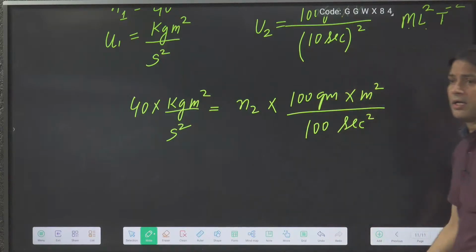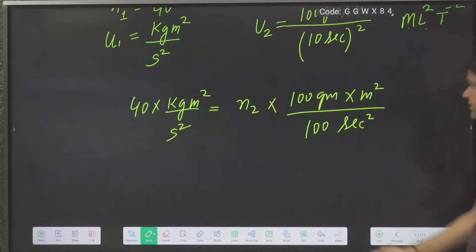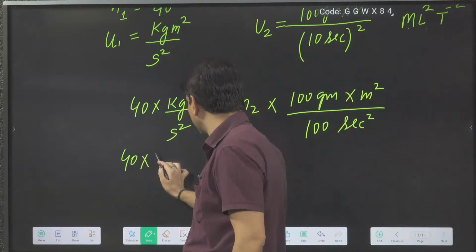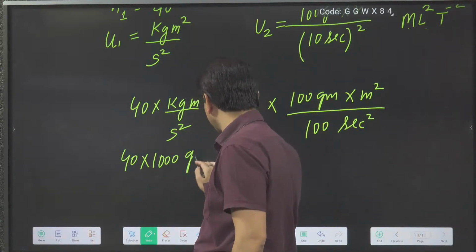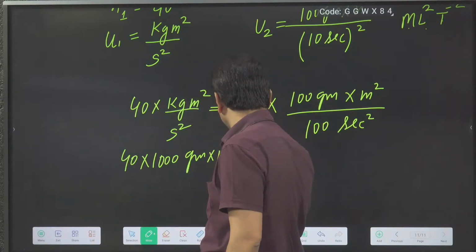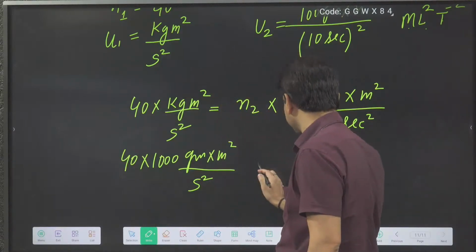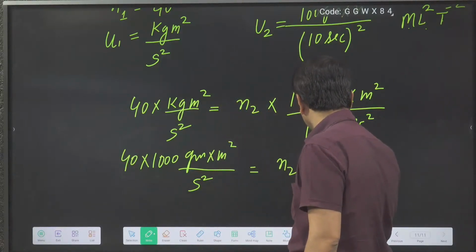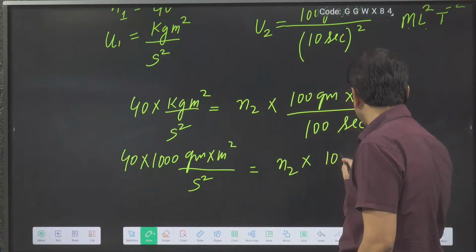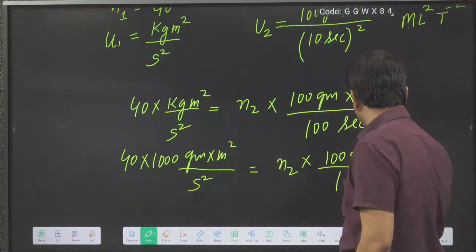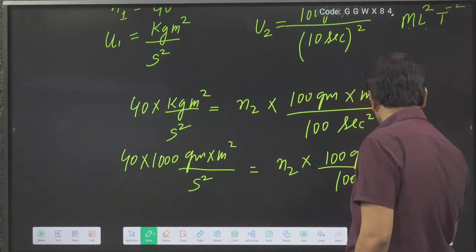To cancel the units, we have to convert kg into gram: 40 into 1000 gram into meter square per second square is equal to N2 into 100 gram into meter square per 100 second square.